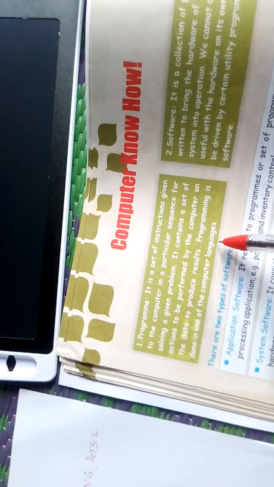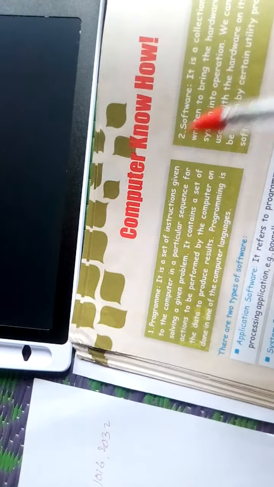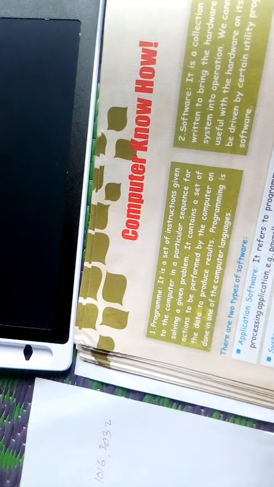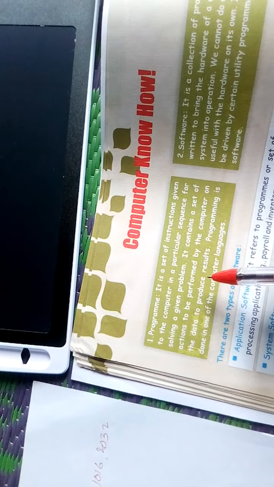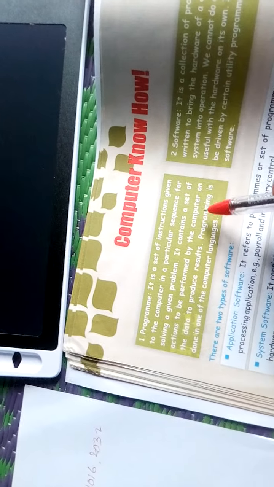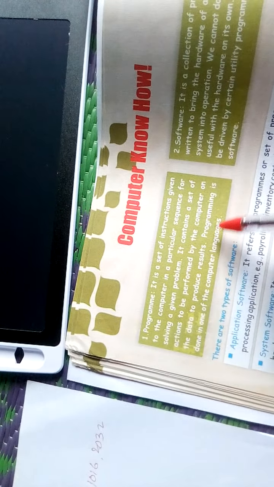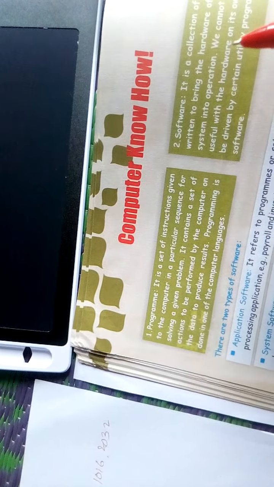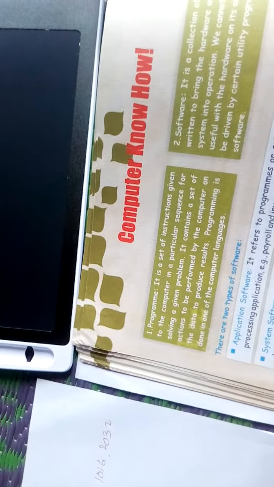Programming is done in one of the computer languages.